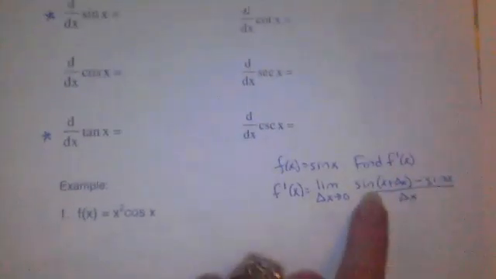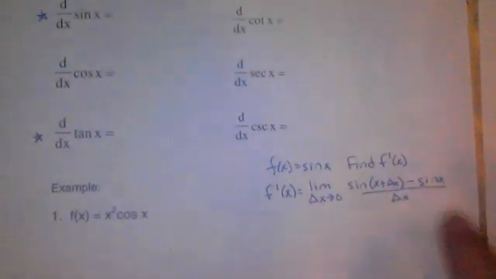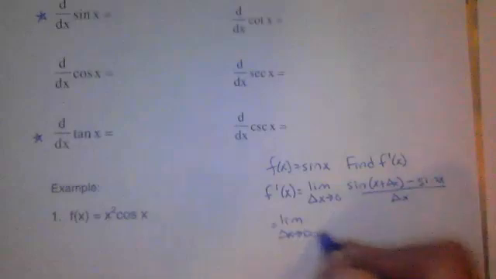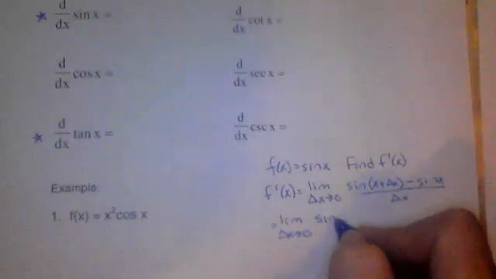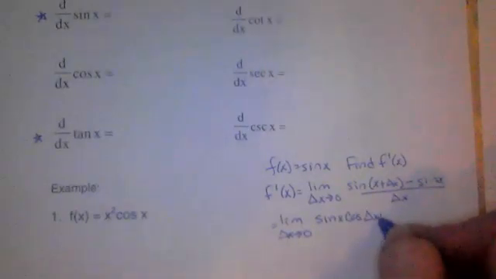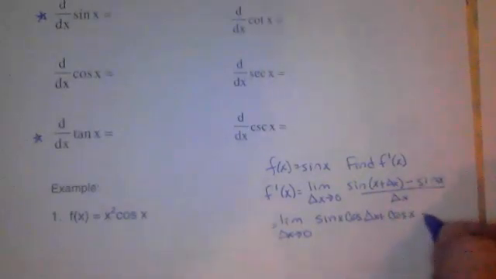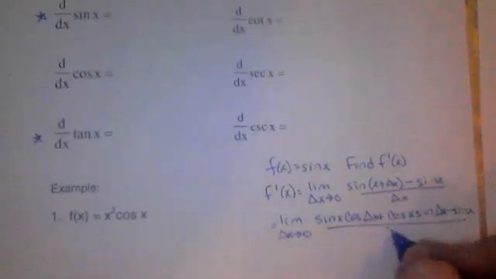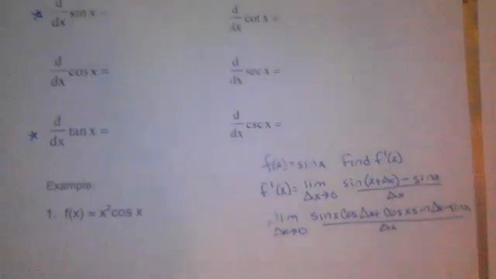Sine cosine plus cosine sine. So we're going to use that rule to spread this out a little bit. So we're going to have the limit as delta x approaches 0 of sine x cosine of delta x plus cosine of x sine of delta x minus sine x all over delta x.